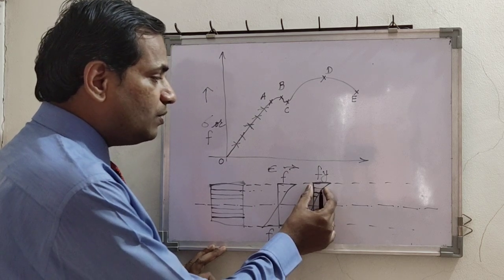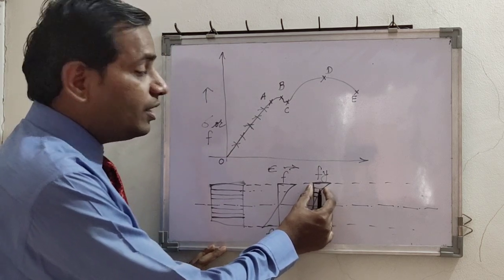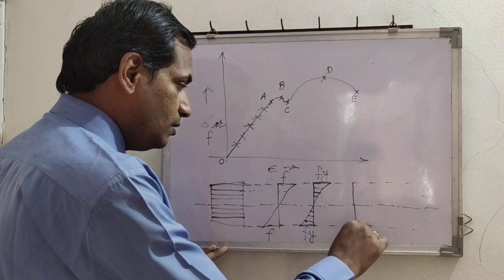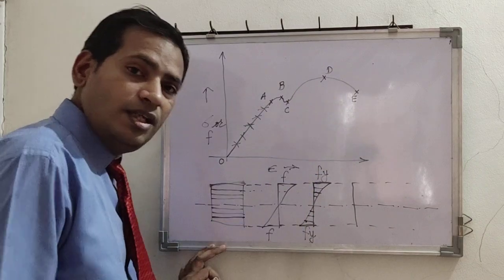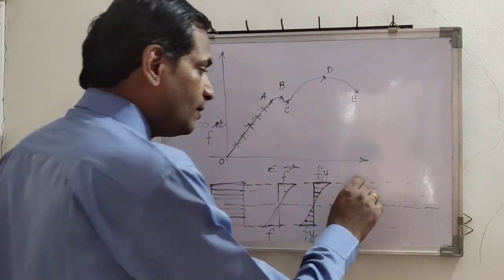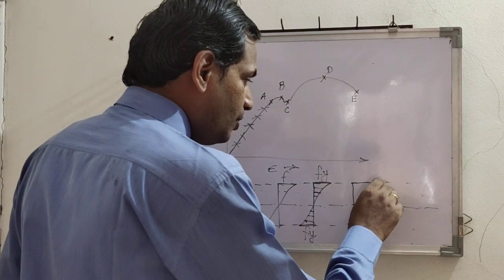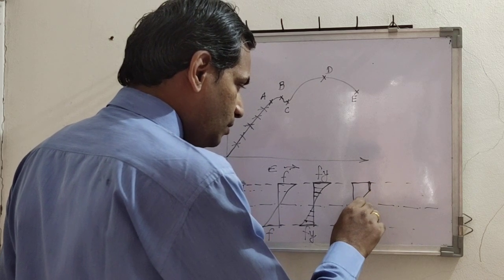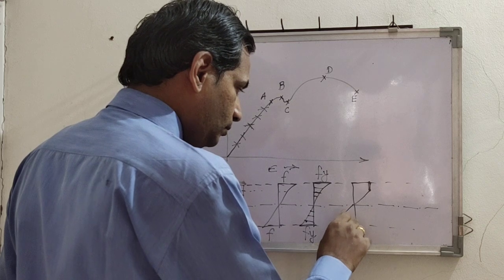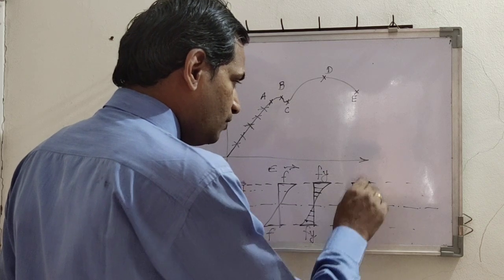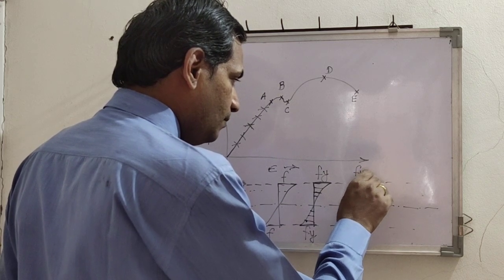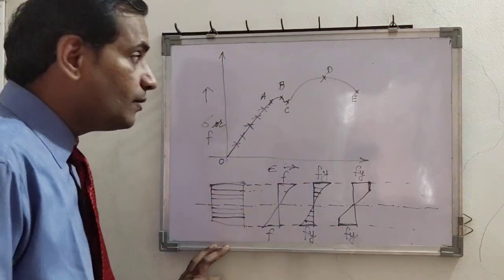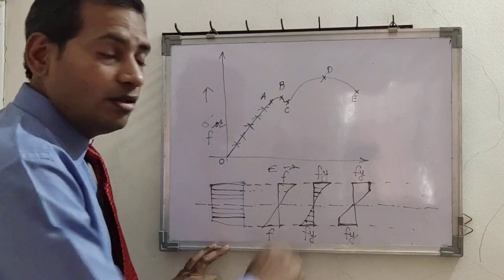At this level also stress value should become Fy. So beyond C, if you increase now the load, the other remaining fibers will also be subjected to yield stress value Fy. Okay. So this is something beyond C.